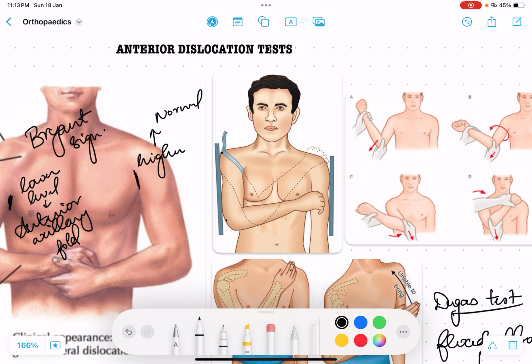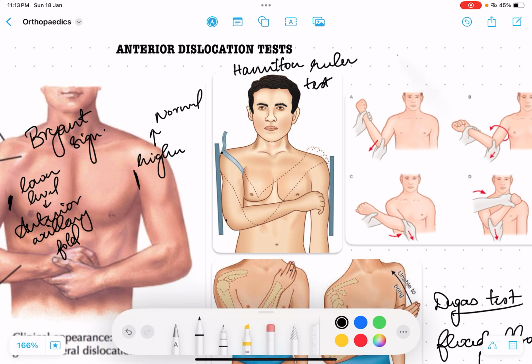If you keep something straight, they won't come in contact along a straight line. But in anterior shoulder dislocation, they lie in the same plane and line. This is the Hamilton ruler test.